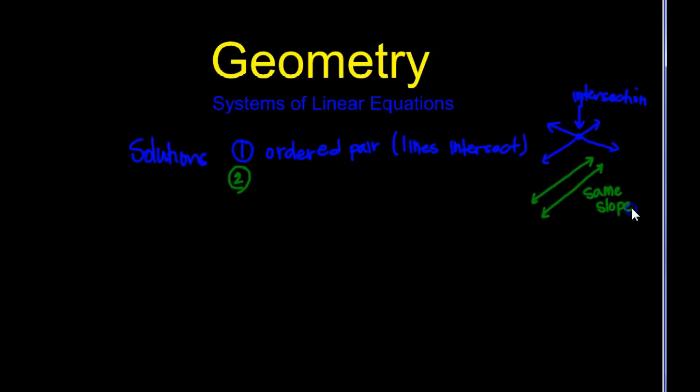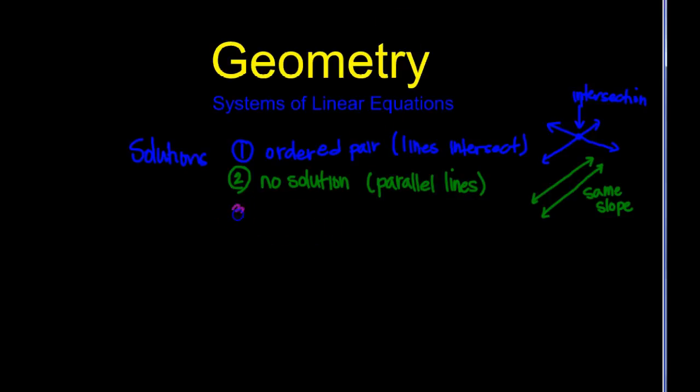Remember, when we look for the solution, we're looking for a point that they have in common. So are those lines ever going to cross? No. So this would be no solution. When we're looking at no solution, that means we're dealing with parallel lines. They are never going to cross, so I won't have a solution for those.